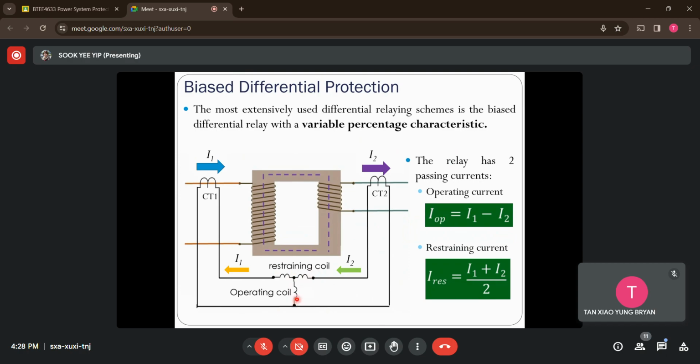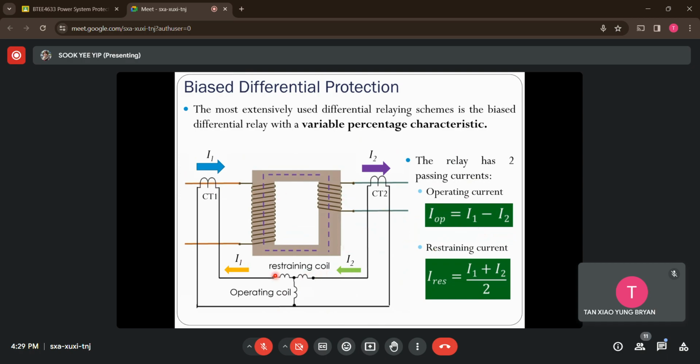So this time I will have two currents passing through this bias differential relay. The first one is flowing through the operating coil. The current flowing through here is the differential current, or the operating current, where the differential current can be measured by having I1 minus I2 after being stepped down by both current transformers.